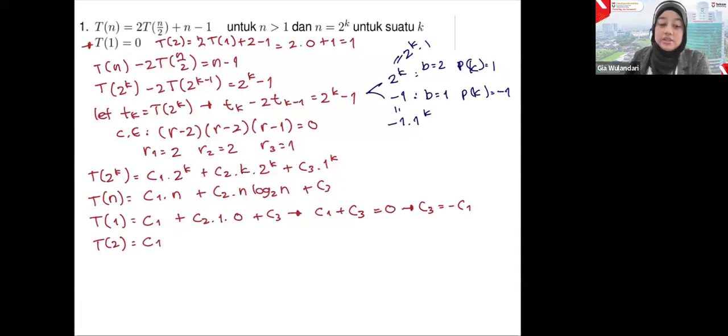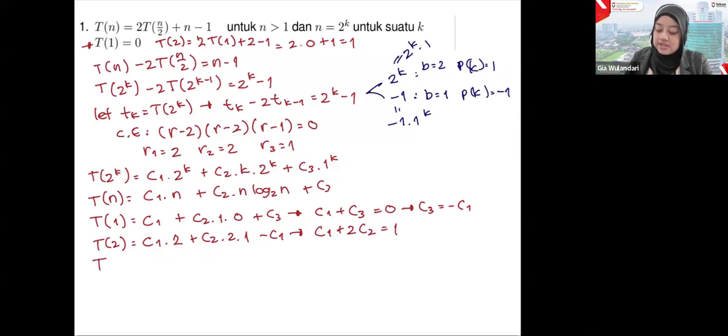And based on the general solution, T2 can be written as C1 times 2 plus C2 times 2 log 2, which is 1, plus C3. And C3 can be written as minus C1. Or we can write it as C1 plus 2 C2 equals to 1.